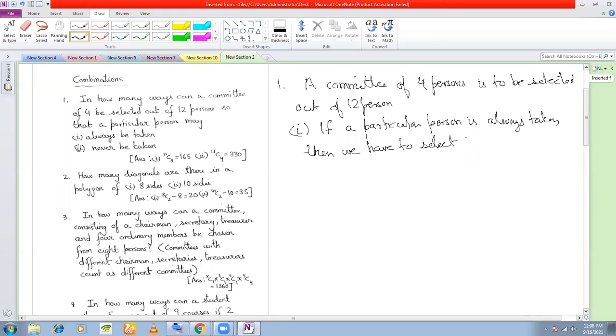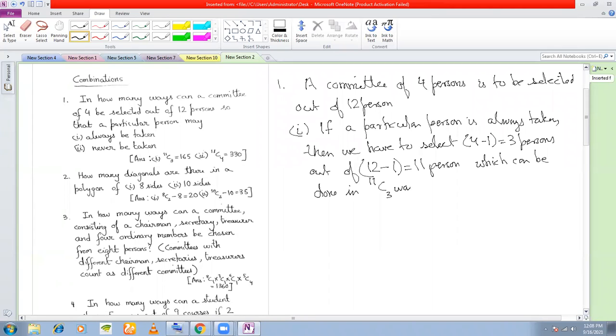So that means we have to select only three persons. Out of how many persons? Sir, 12 minus 1, 11 persons, which can be done in 11C3 ways. Okay, 11C3 I'm not calculating, you will have your calculators to calculate. You can check this to be 165.